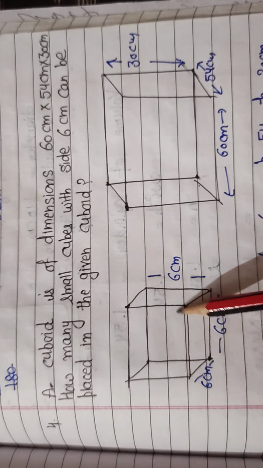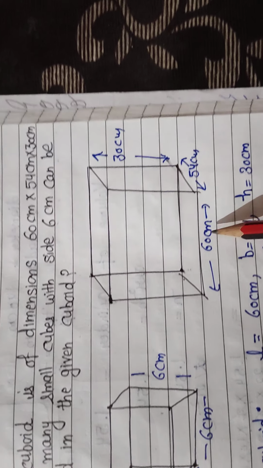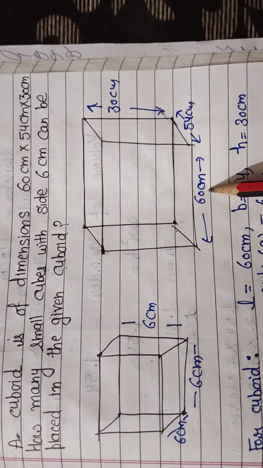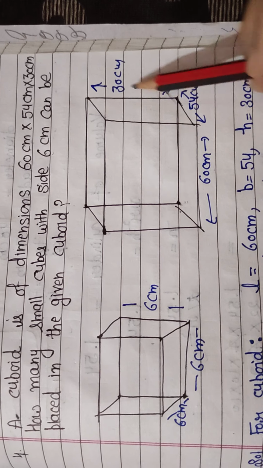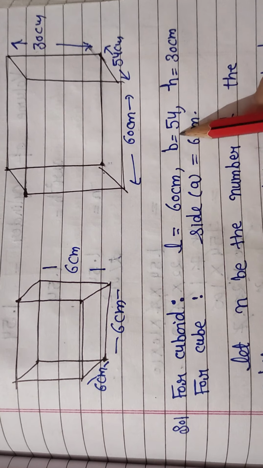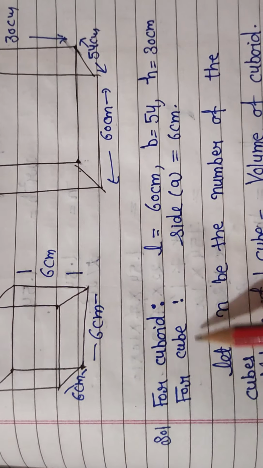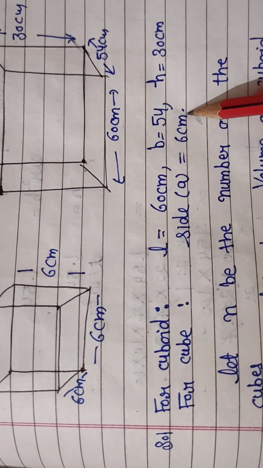Because it is a cube, so length, breadth, height all are equal. And the second one is cuboid, and its dimensions are 60 centimeter, 54 centimeter and 30 centimeter. For cuboid, L is 60 centimeter, B is 54 centimeter and H is 30 centimeter. And for cube, the side is 6 centimeter.